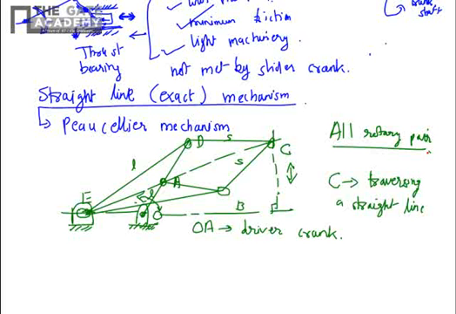The derivation of how C is going in a straight line is very simple and it is available in any standard textbook. We don't need to consider it in detail here. We just need to know this mechanism for now. So what kind of mechanism is a Porcellius mechanism? Such questions may come in the GATE examination.